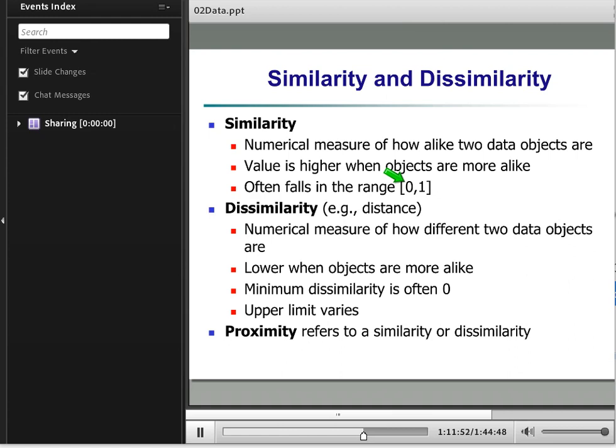For example, black and white are completely different. So the similarity between black and white is 0. But the similarity between white and white is 1.